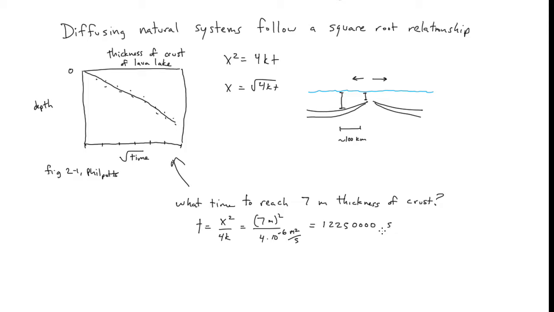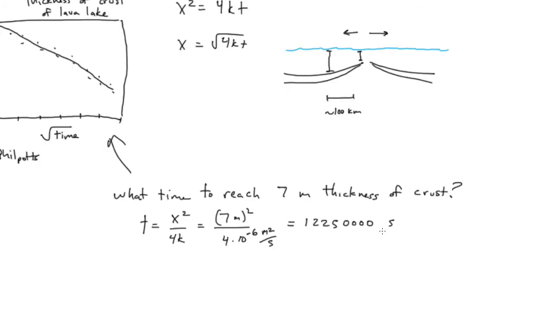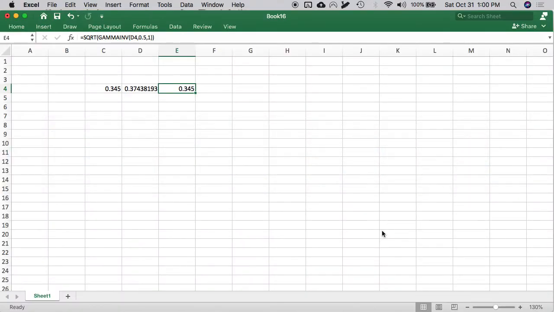Let's go over to Excel real quick to see what that looks like in terms of months. 1225 and then zeros, okay, so that's in seconds.